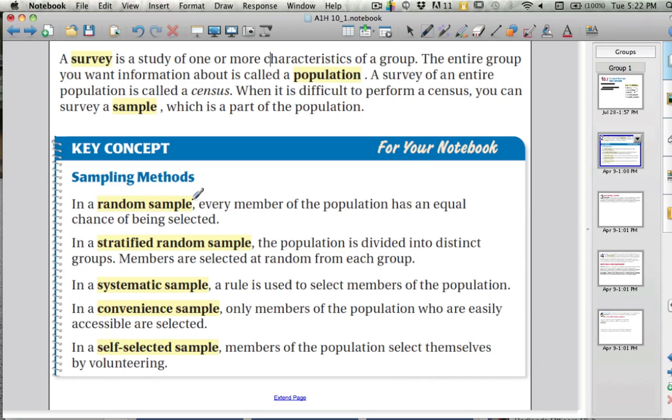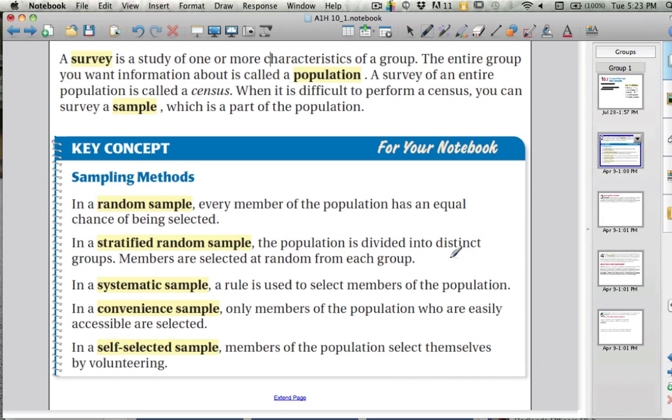Now we're talking about sampling methods. In a random sample, every member of the population has an equal chance of being selected. In a stratified random sample, the population is divided into distinct groups, and the members are selected at random from each group. Each member of the population still has an equal chance of being selected.